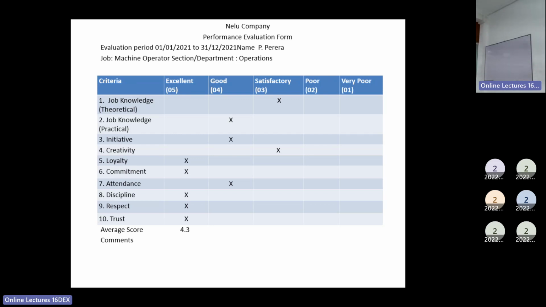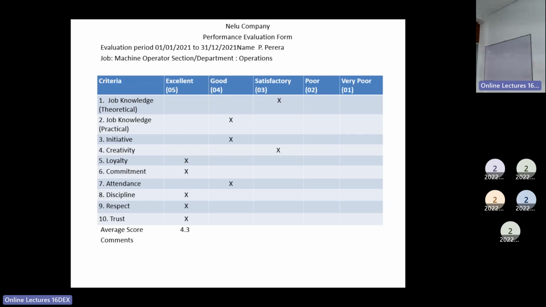For example, you have been given a partial evaluation form using this method. Company performance evaluation form, evaluation period from January 1st 2021 to 31st December 2021. Name of the employee: P. Pereira. His job is machine operator.